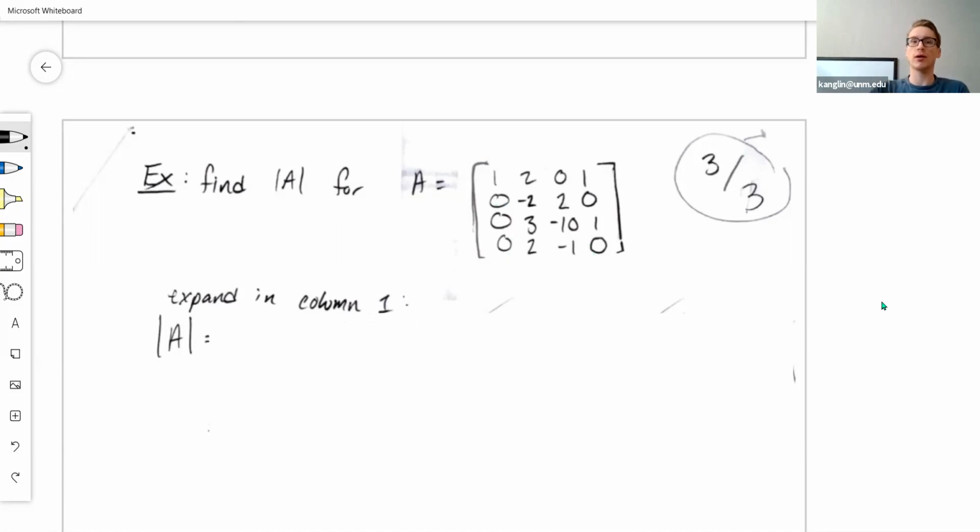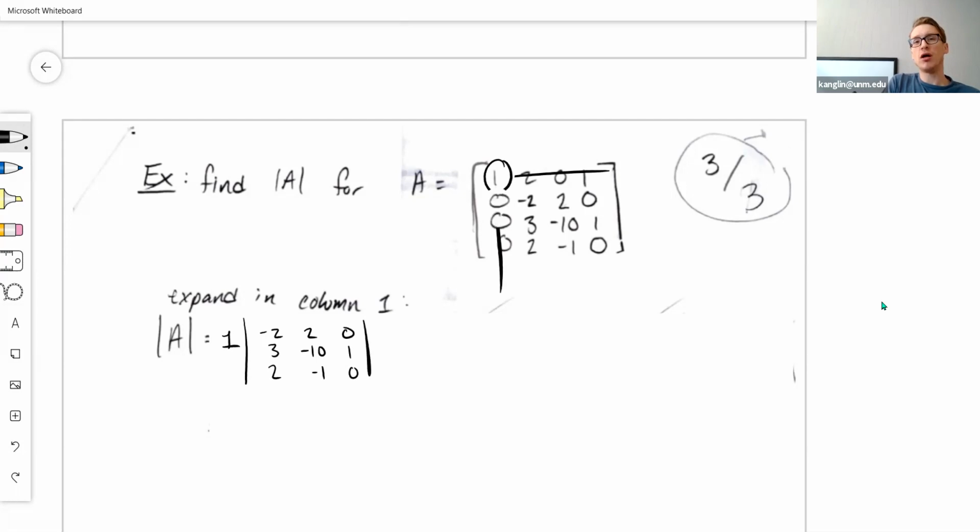So it'll save a lot of work. All I'm going to have to do here, expanding in column 1, is get 1 times the 3 by 3 determinant that remains when I cross out the first row and first column. So I get -2, 2, 0, 3, -10, 1, 2, -1, and 0. That was just from this guy.